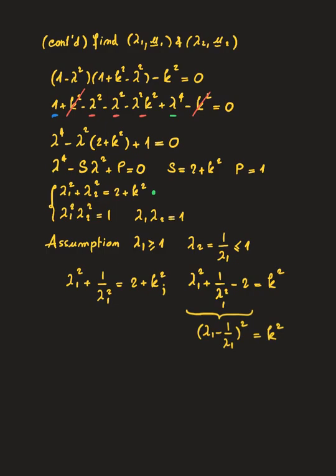So why is this an advantage? Because at this point, first of all, I want you to be careful on one thing. If lambda 1 is higher than 1, 1 over lambda 1 is lower than 1. So what is inside of this bracket is positive. k is certainly positive, so essentially we were able to simplify the equation. We can write it in a simplified form, and this simply becomes lambda 1 minus 1 over lambda 1 equal to k.